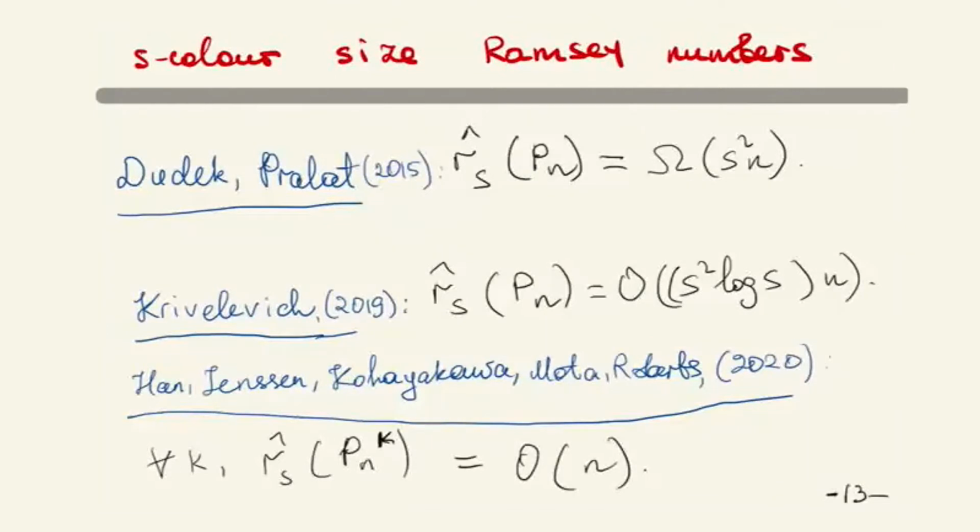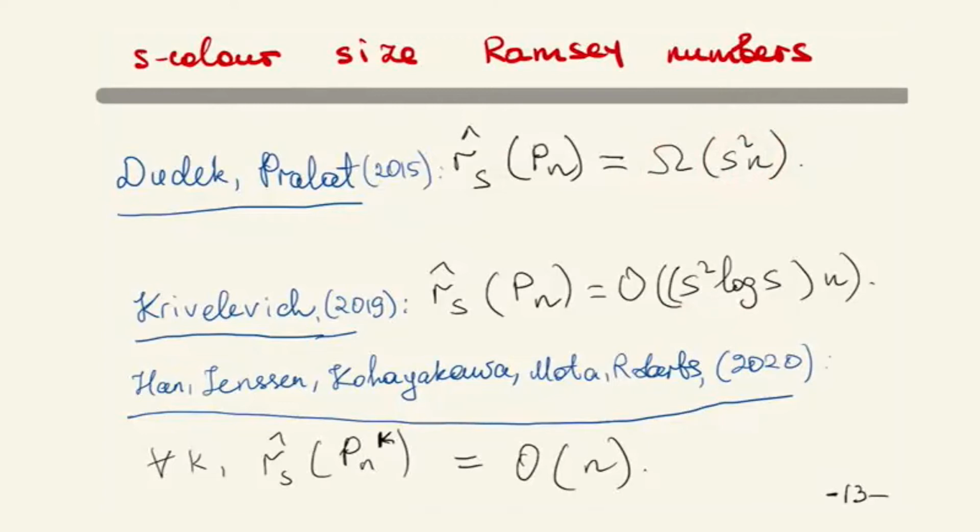For paths, for example, it's quite well studied. It's known that the s-color size Ramsey number for P_n is somewhere between Omega of s^2 n and s^2 log s n. The upper bound is by Krivelevich, the lower bound is by Dudek and Prałat, and it's an open question what's the right order here.